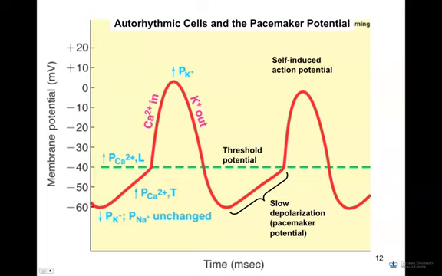When the membrane potential gets within a few millivolts of threshold potential, there is an opening of a voltage-gated calcium channel. This voltage-gated calcium channel is called the T-type, or the transient calcium channel.